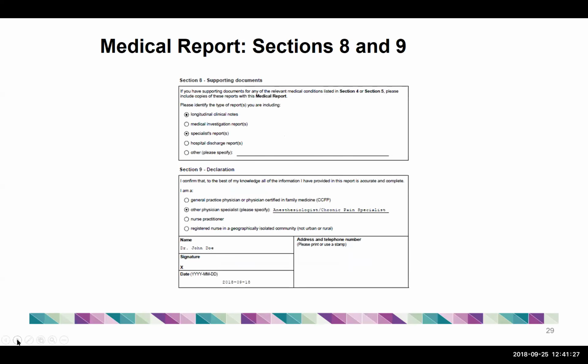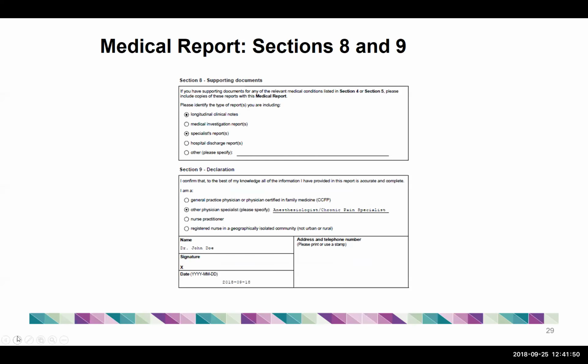And then next slide, sections 8 and 9, this is where you will indicate any supporting documents. Longitudinal clinical notes, which give us that historical perspective, can be very, very valuable, especially for chronic pain cases and mental disorders, because as we all know, there is no empirical test to measure pain.